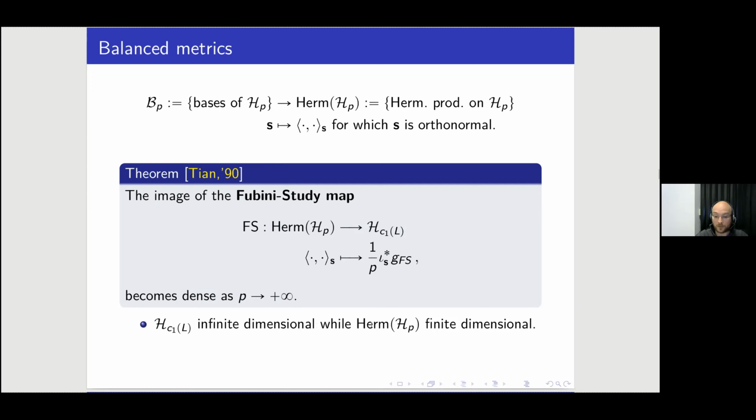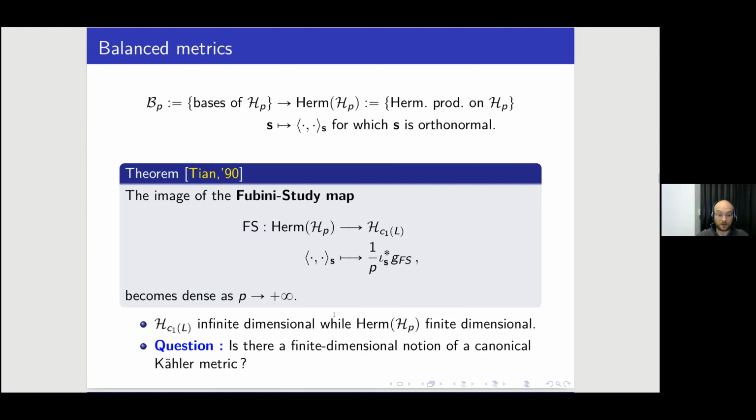So you can hope to reduce hard geometric PDE equations in an infinite dimensional space to basically linear algebra on a finite dimensional space. So replace analysis by linear algebra for all P. And of course, these spaces are growing when P tends to infinity, right?